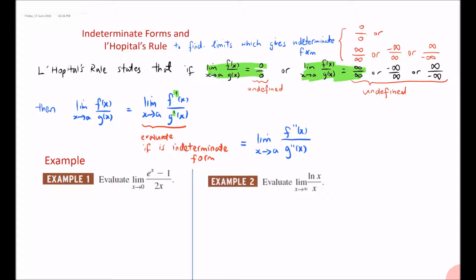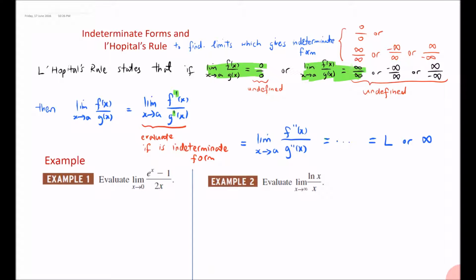So when do we stop? We continue until the limit approaches a value. That means the limit could be L or infinity. So you stop when it reaches L or infinity. When you evaluate the limit of the last derivatives of the numerator over the denominator and the result is L or infinity, then we stop our differentiation process.